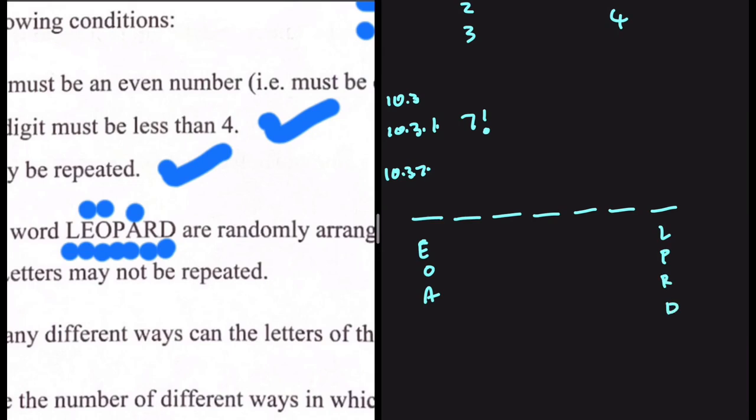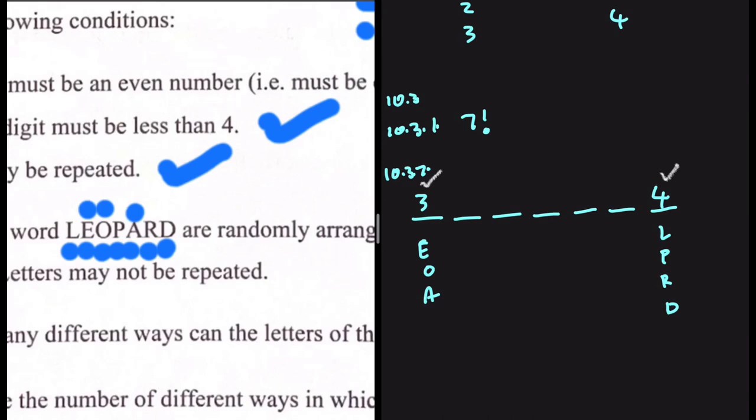The first position is going to be occupied by one of the 3 vowels. So we're going to put 3 here. And then the last position is going to be occupied by one of the 4 consonants. So we're going to put 4 here. We started with 7 letters. Now we have used 2, one to occupy the first spot and another one to occupy the last spot.